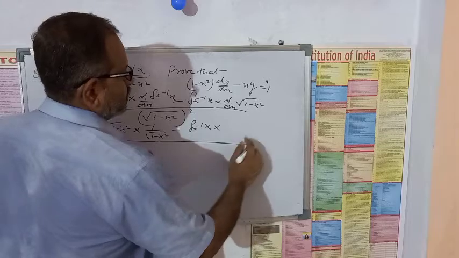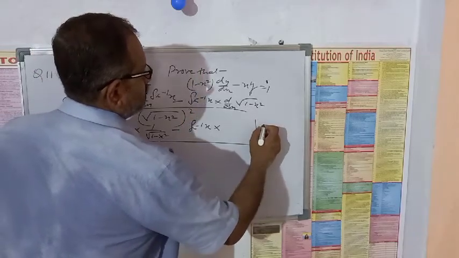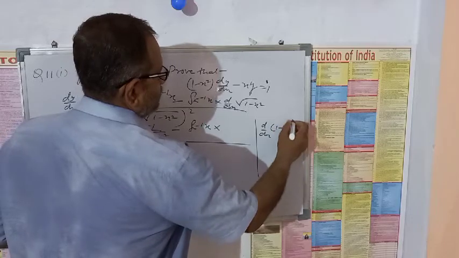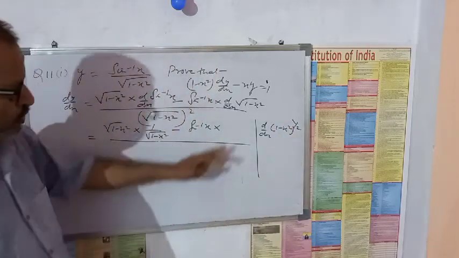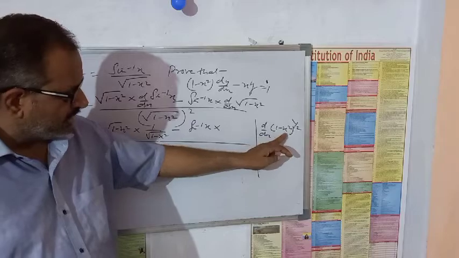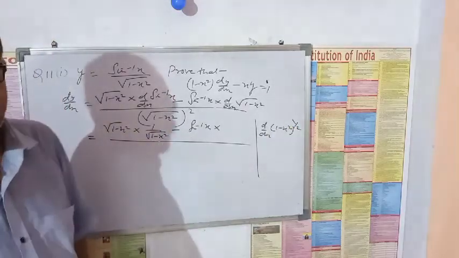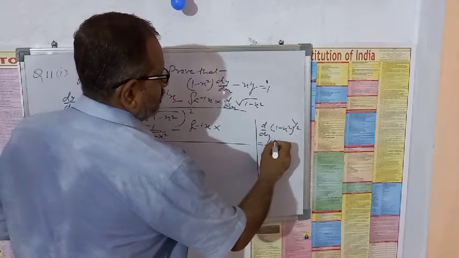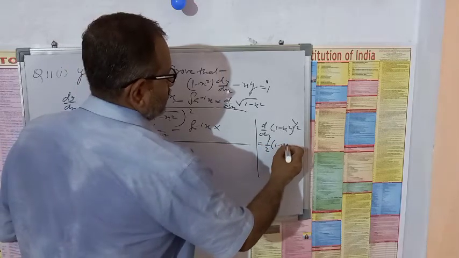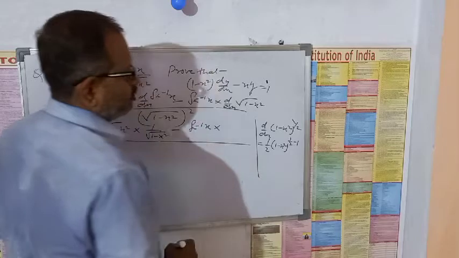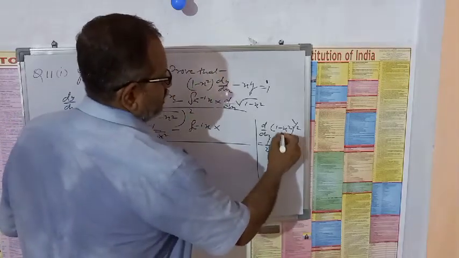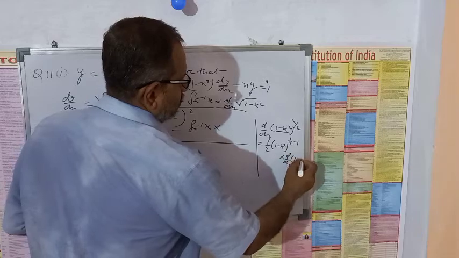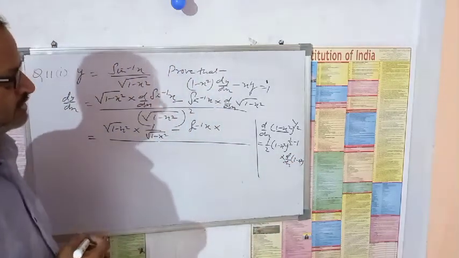So d by dx of root 1 minus x square. Root 1 minus x square means we can write 1 minus x square to the power 1 by 2. How will we differentiate it? 1 by 2, 1 minus x square to the power 1 by 2 minus 1, into derivative of 1 minus x square.